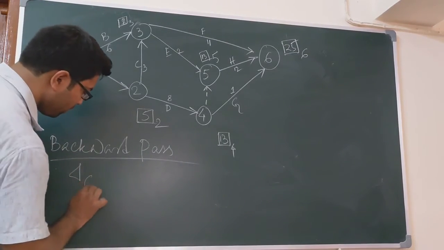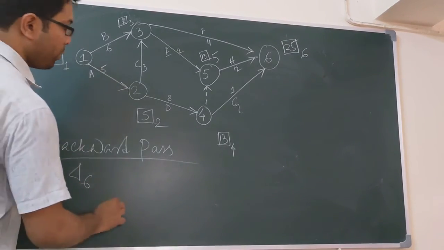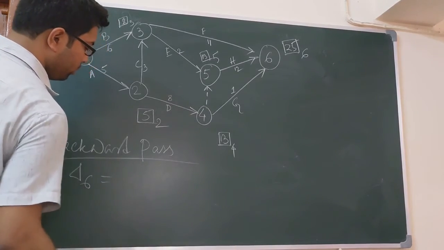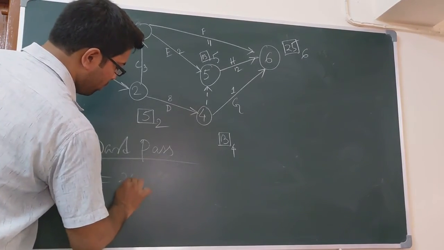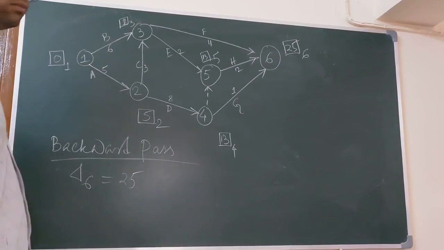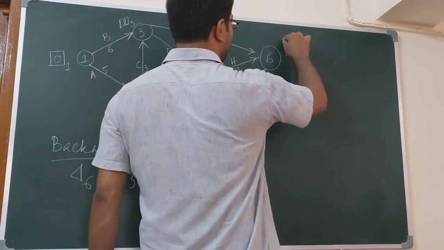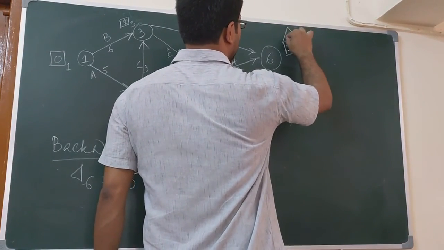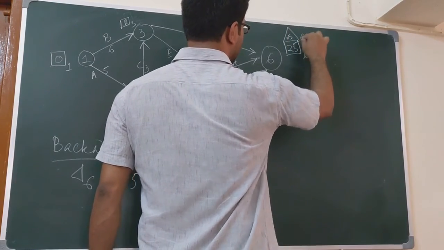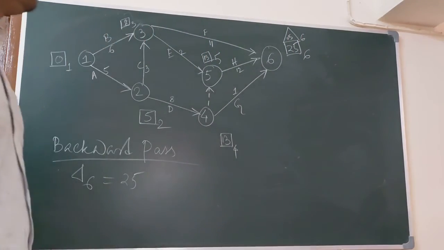So triangle 6 is equal to 25. So this is 25. Clear?